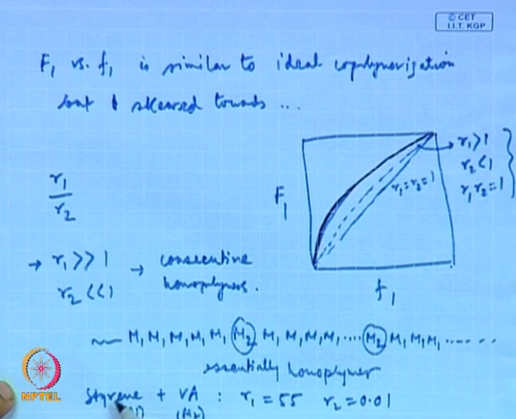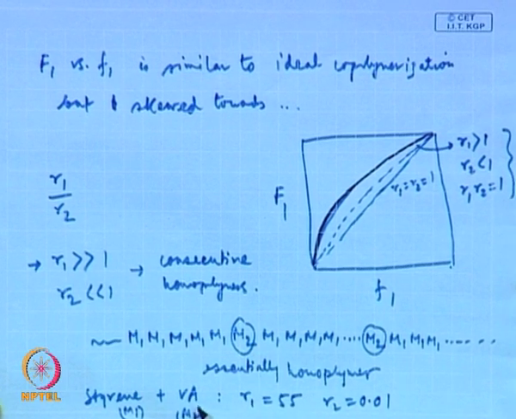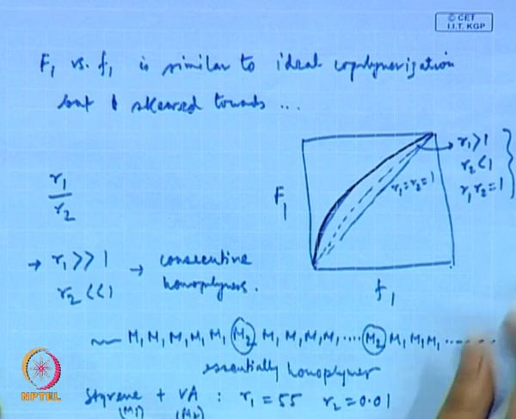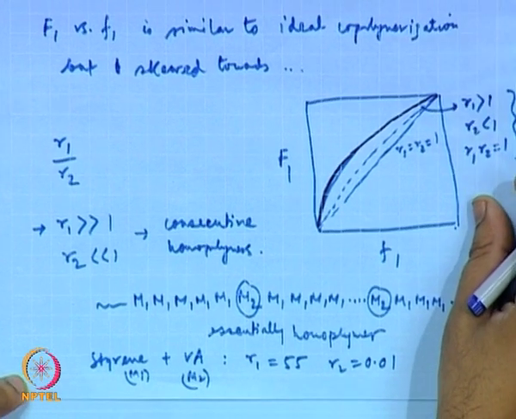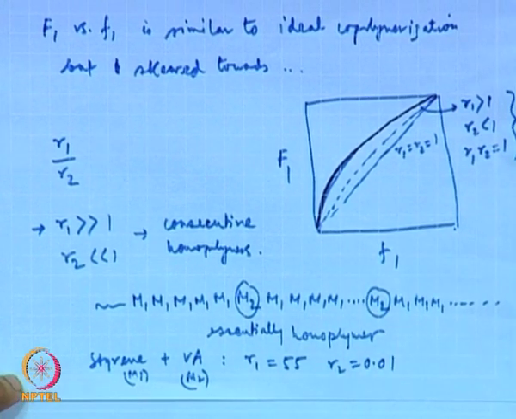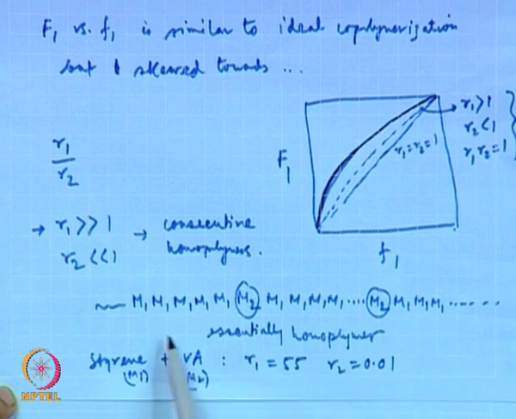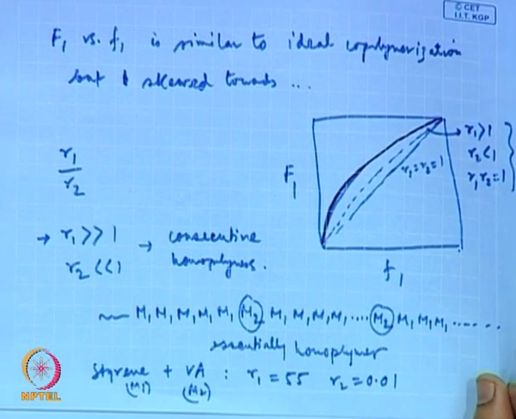So, basically styrene will have a much higher tendency to homopolymerize compared to copolymerizing with vinyl acetate, whereas vinyl acetate has very little tendency to homopolymerize. So, you will get essentially homopolymer of styrene at the beginning, and then once the styrene is consumed, you will get the homopolymer of vinyl acetate.